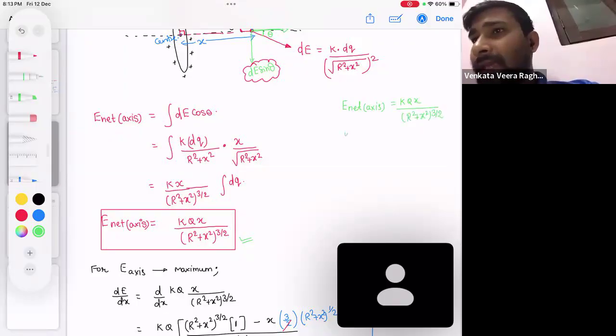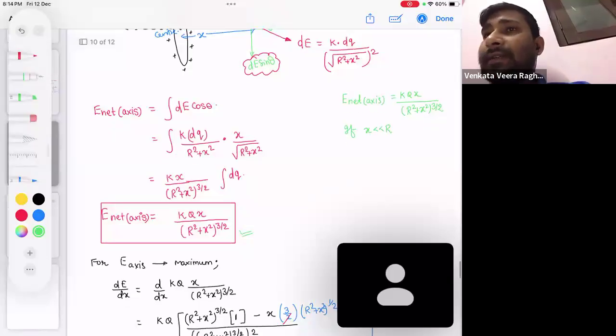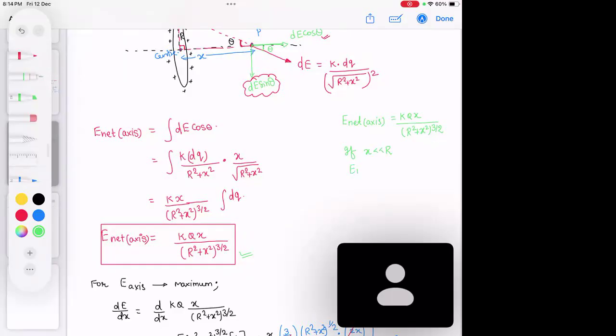Now, if I take x very less than r, what does it mean? Listen to me. X very less than r. Does that mean the point is very close to the center? So can you tell me what field will come?